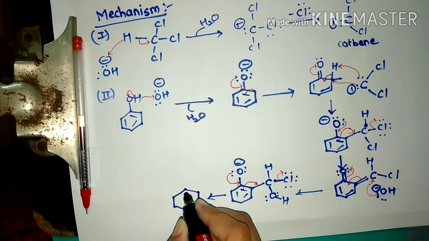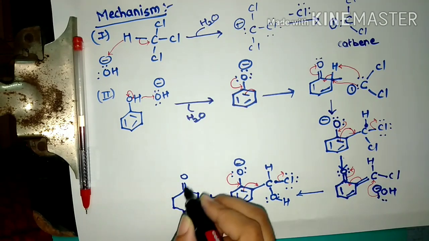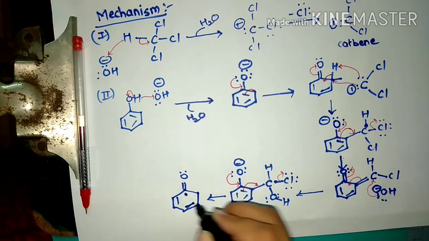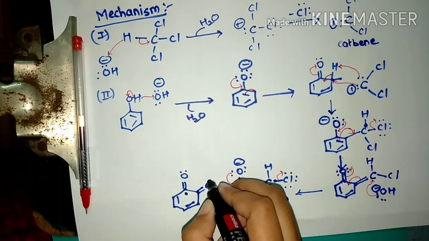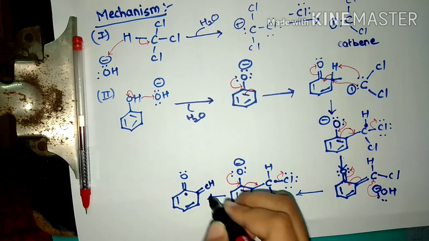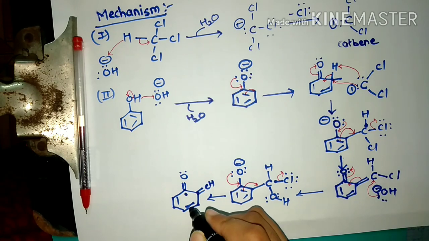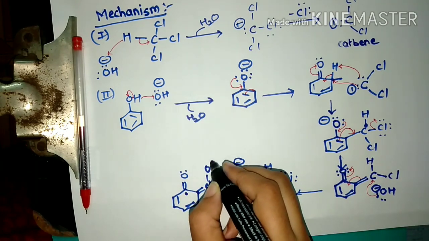Again there is formation of a double bond O, here double bond CH, removal of chlorine, so it will become OH.